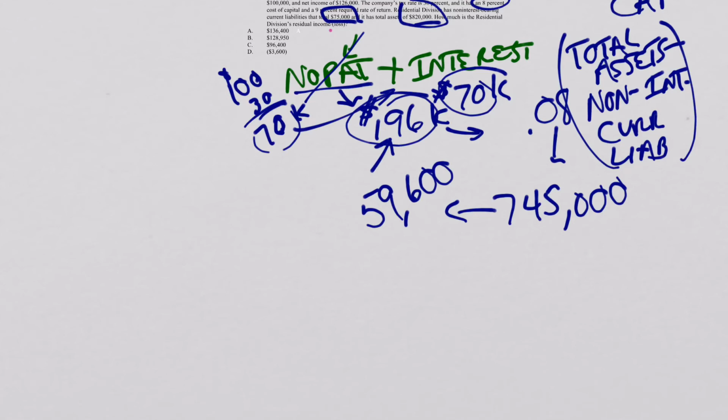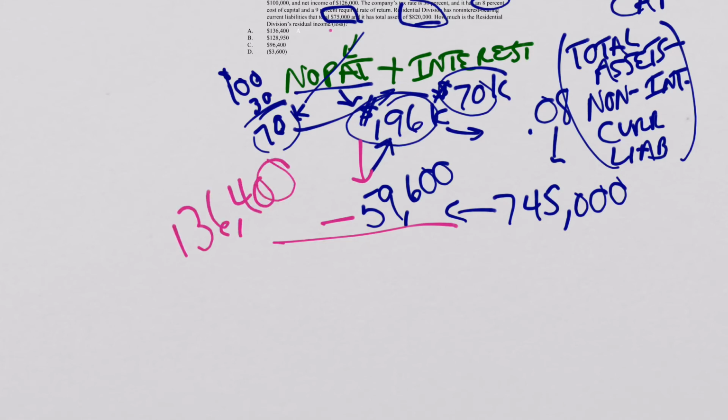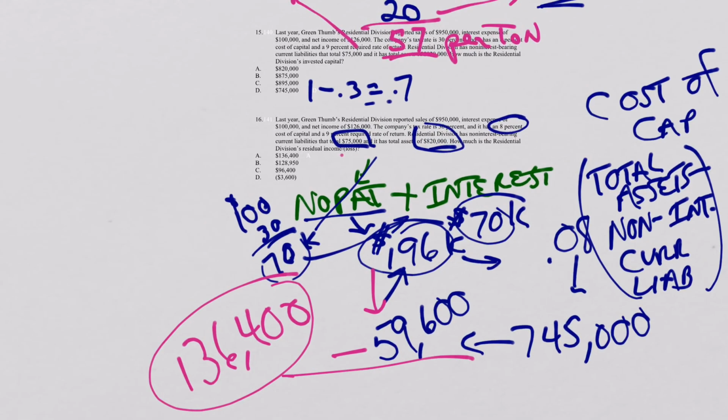So we subtract this and we wind up with $136,400. And we look to see if that's one of the choices in the problem, because that would be a good sign, and we find it. It's answer A. That's how you do it.